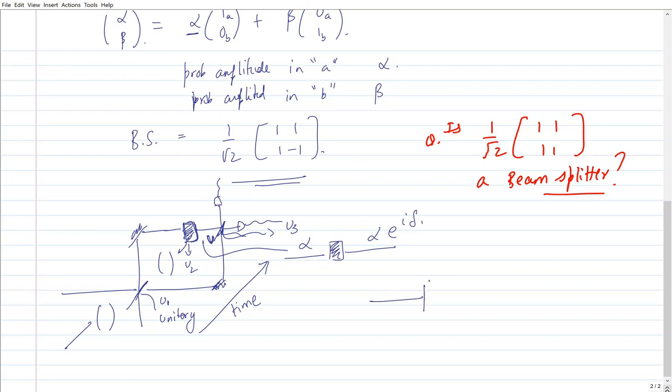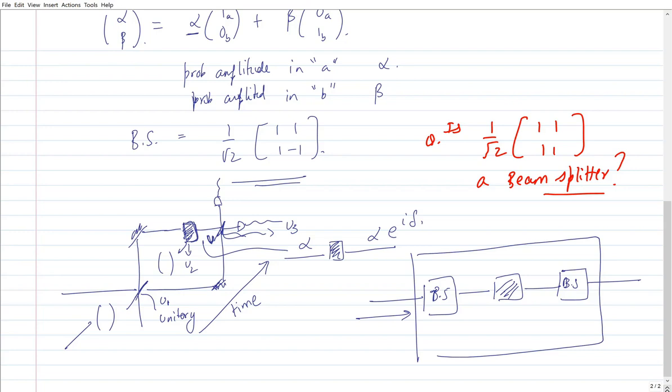And the circuit would be the first beam splitter, then a phase shifter, then another beam splitter, and so on and so forth. So this is my input state, this is my quantum process, and this is my output.